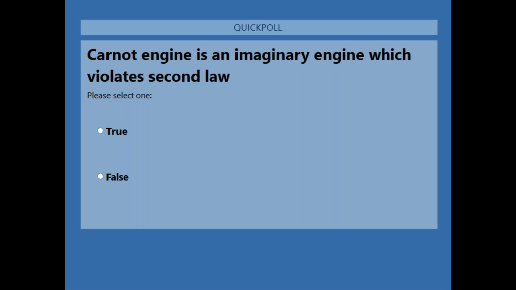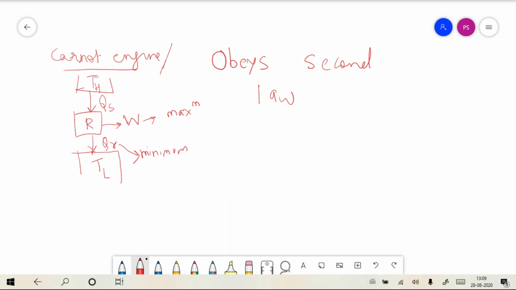So the answer is Carnot engine is an imaginary engine, okay, which does not violate the second law.